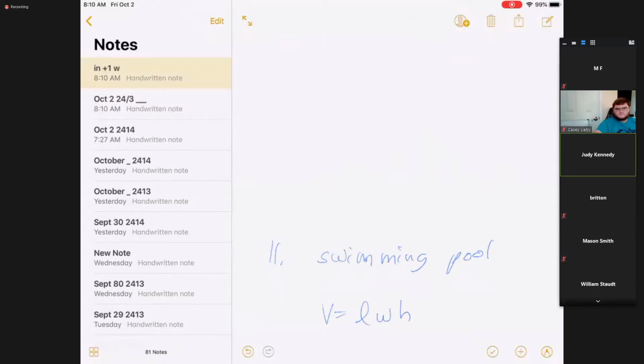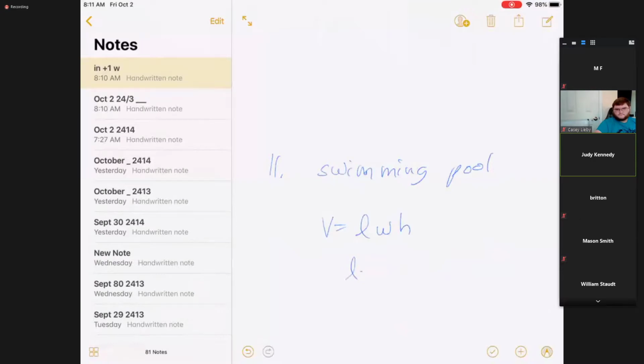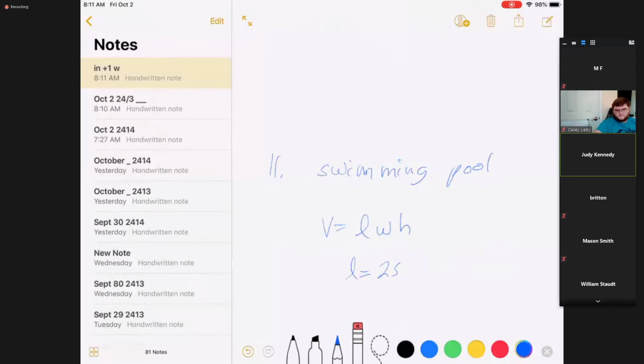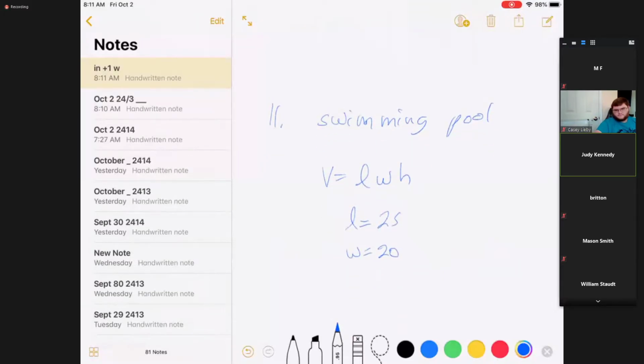The length and the width don't change, but the height does. The length is 25 feet and the width is 20 feet. And I will leave the rest to you.